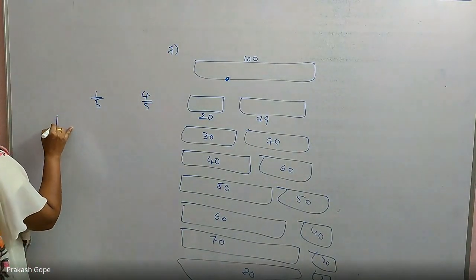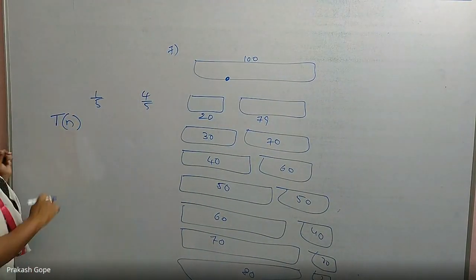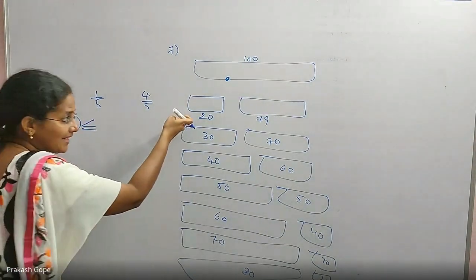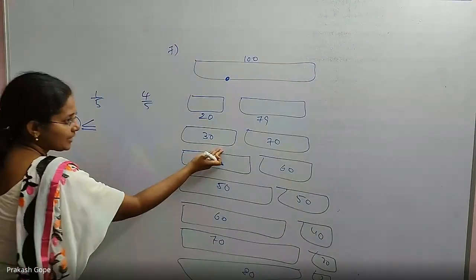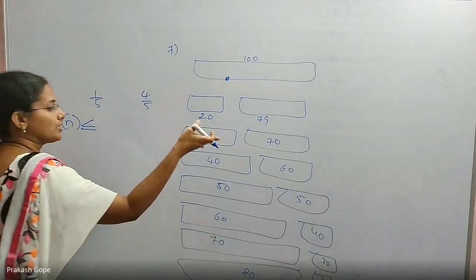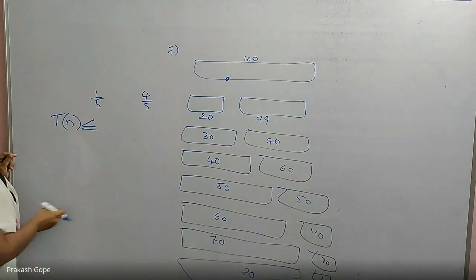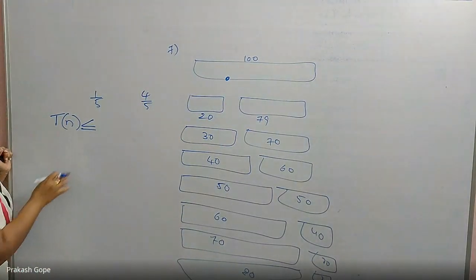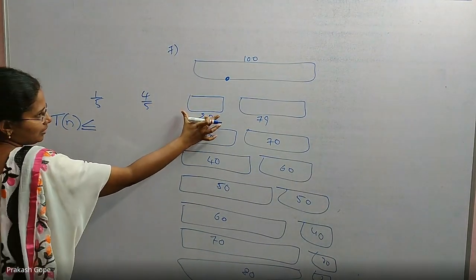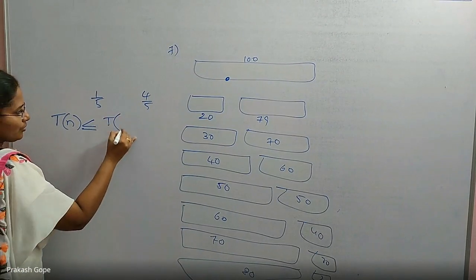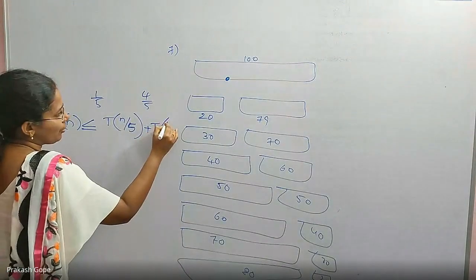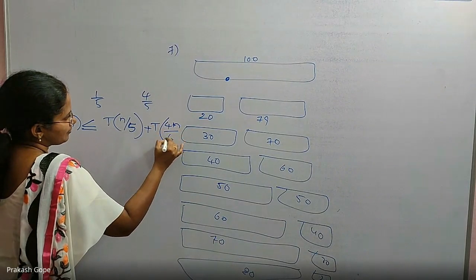So if I have to write the number of comparisons needed, they are less than or equal to, because you said at least one-fifth. It can be this case also, which means the number of comparisons is less in those cases. The worst thing that can happen is this case, 20 and 80. So the number of comparisons needed for this one-fifth of the elements, plus the number of comparisons needed for 4/5 of the elements.